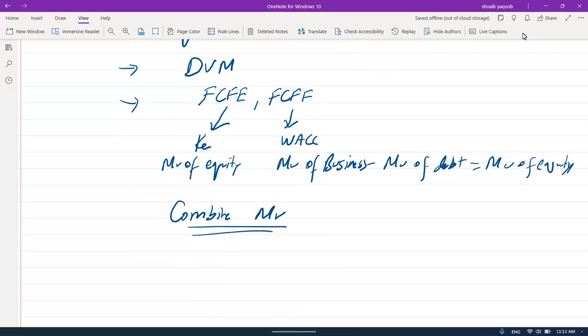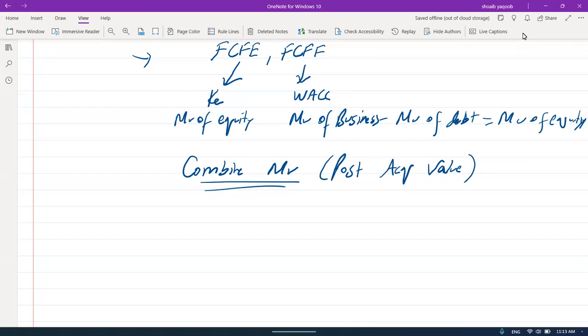Combined market value after acquisition is also called the post acquisition value. So which method will be tested for post acquisition value? There are different methods.